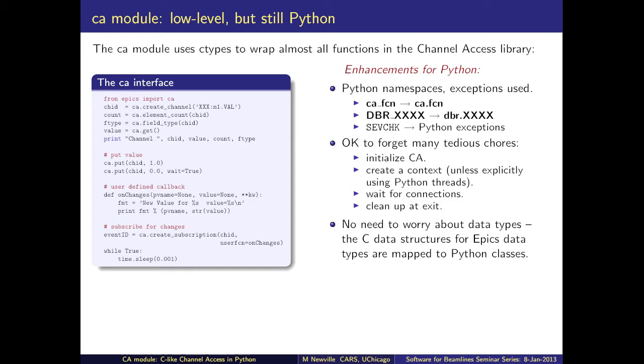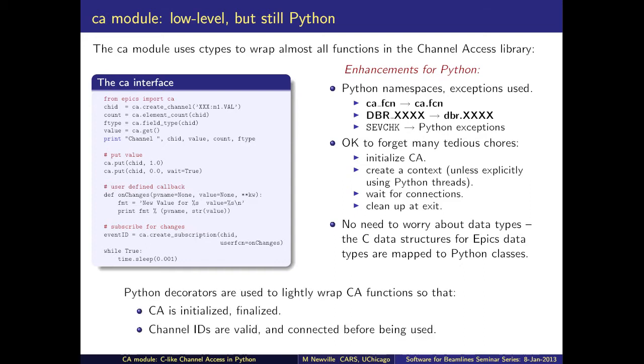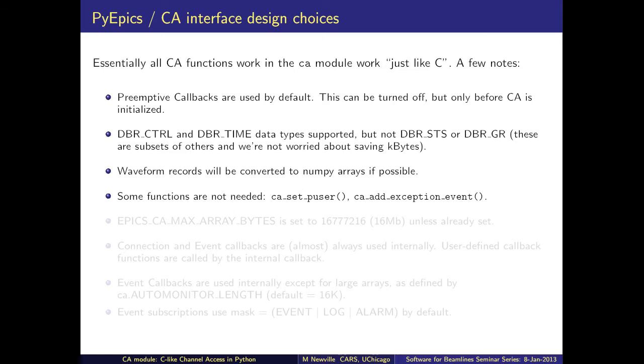So these functions check if a context has been made before they really call create channel. And that's also done with Python decorators, which are functions to wrap functions. So there are a few things that make it not quite just like C, but very close to C.